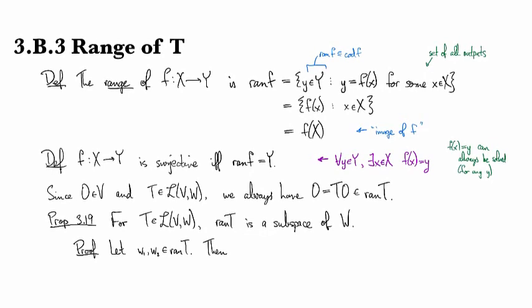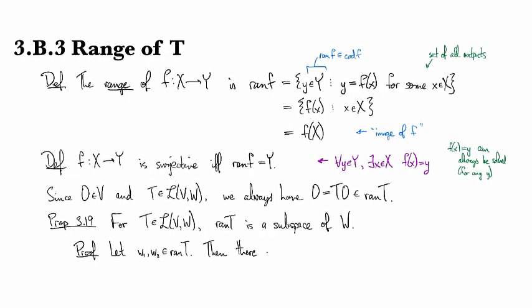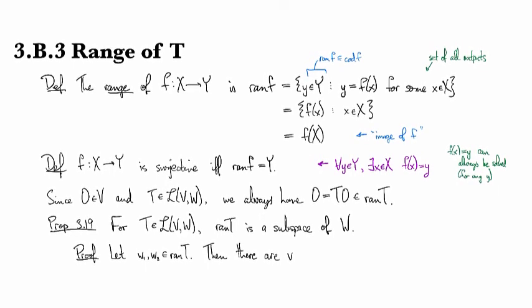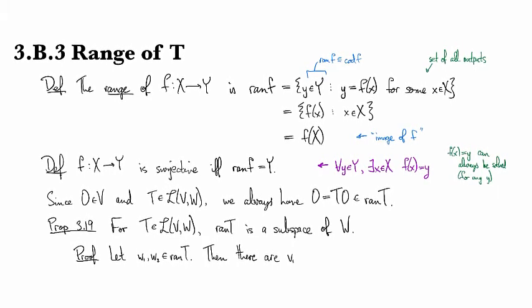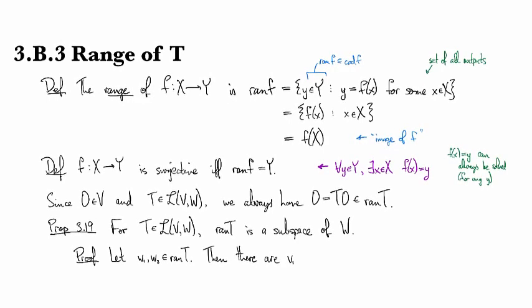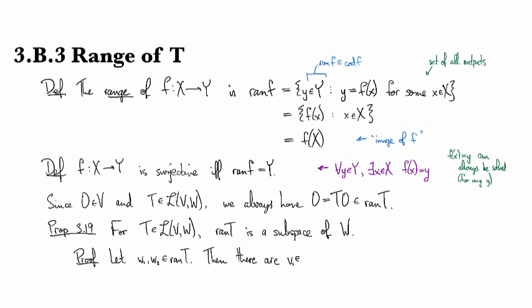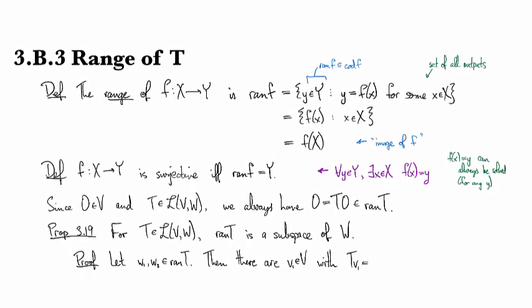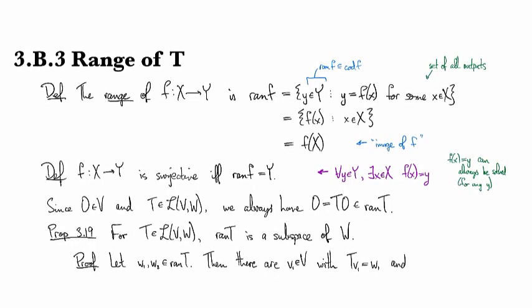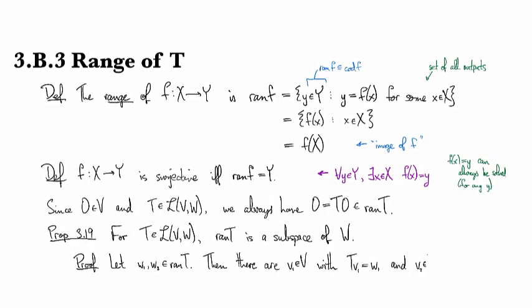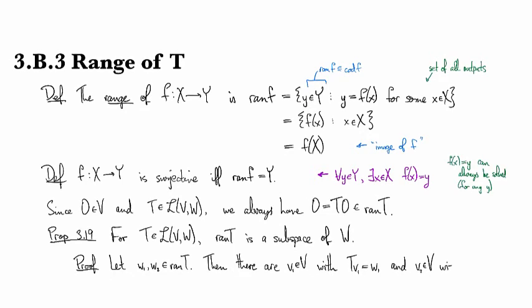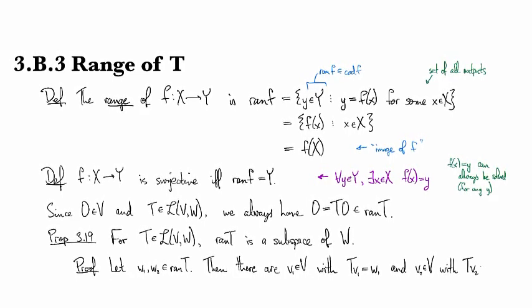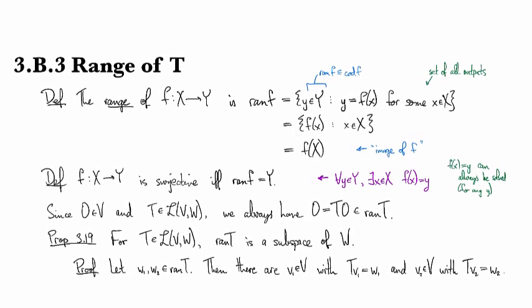Okay, so then since w1 is in the range, there's a v1 that maps to it. And there's also some v2 that maps to w2.